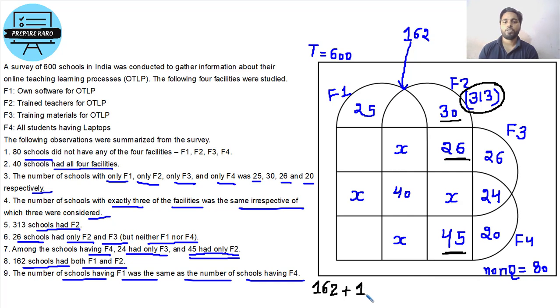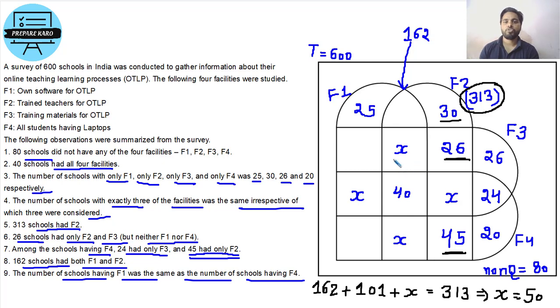So 162 plus 101 and plus x is 313, right? Is 313. From this you can say x is how much? So x is 313 minus 263, x is 50. Okay, so number x is 50.